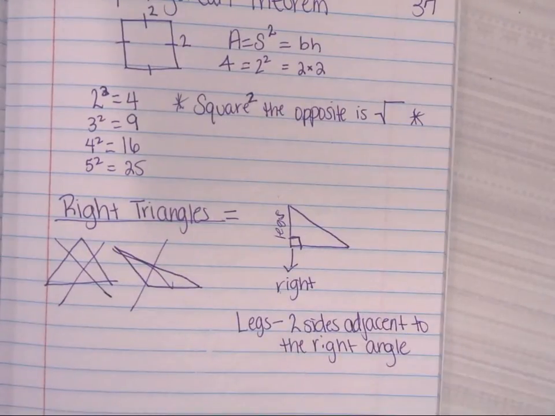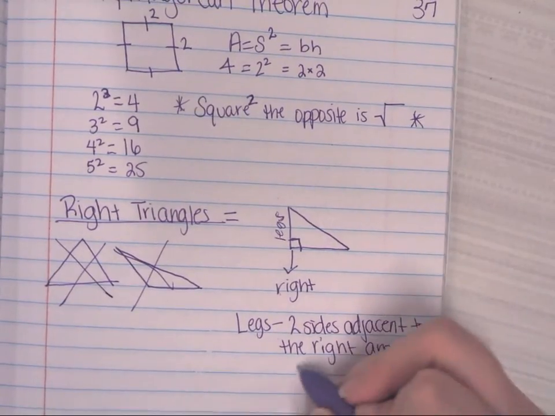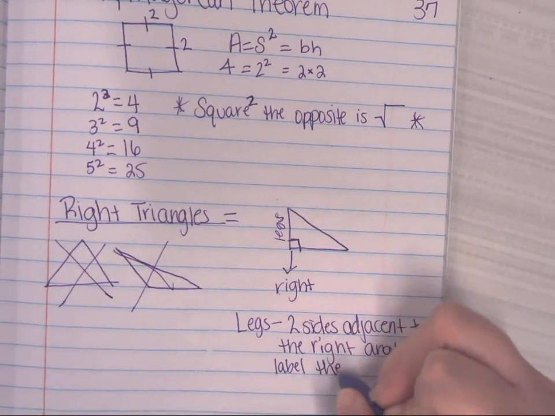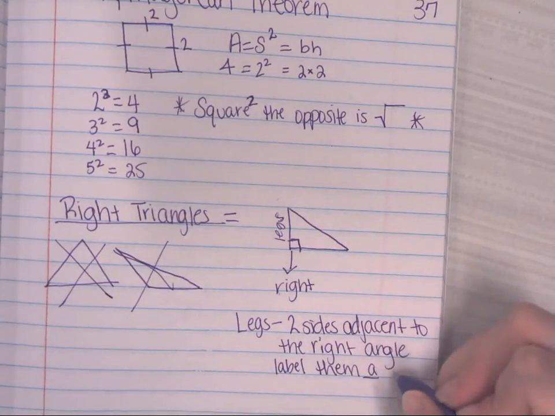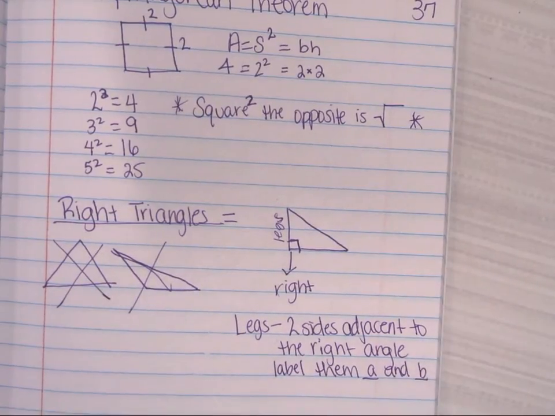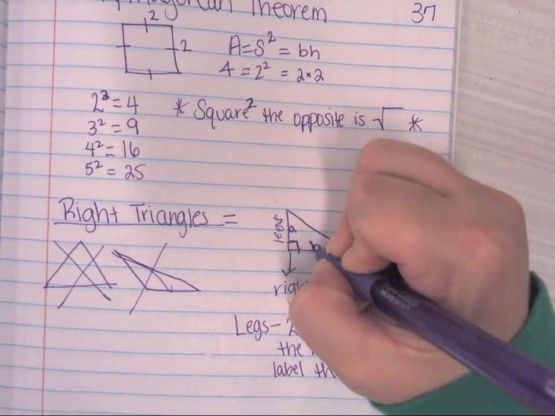Okay, they're the two sides adjacent to the right angle. And we label these A and B. So this is A and this is B.